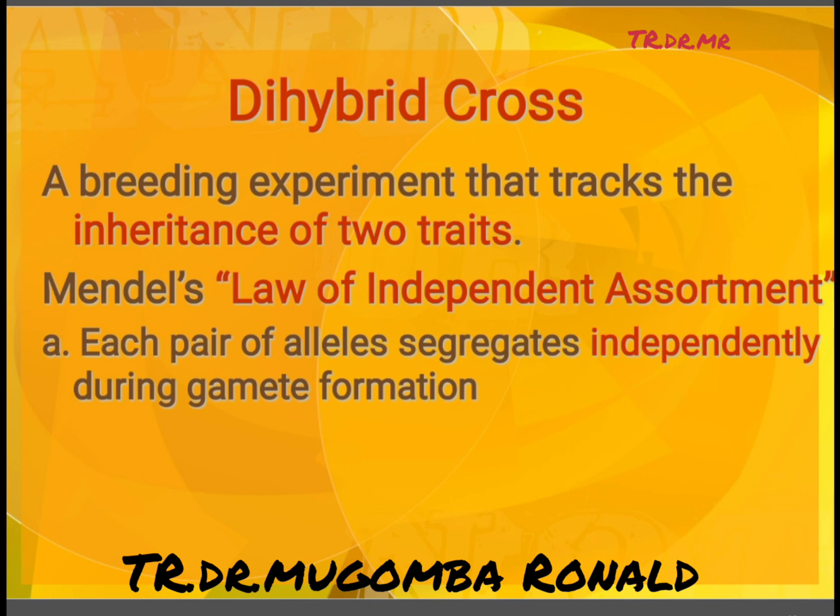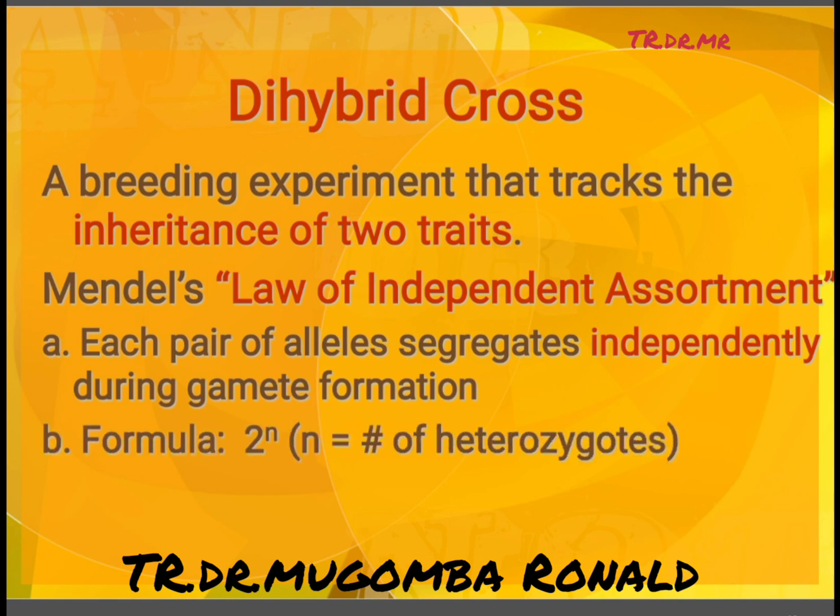So the law of independent assortment is Mendel's second law of inheritance, which says that each of the alleles within the genes of the pair of contrasting characters independently segregate during the process of gamete formation. And the formula that we use here is 2 to the power n, where n is the number of heterozygotes.